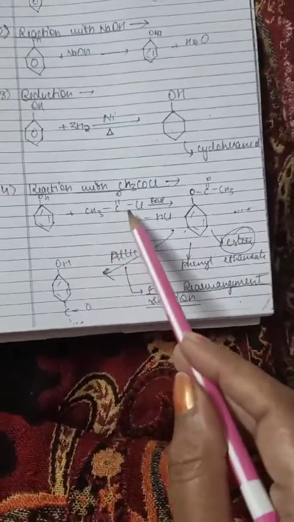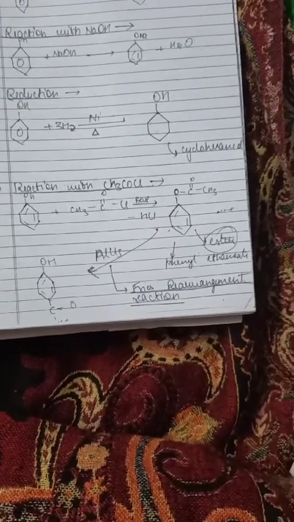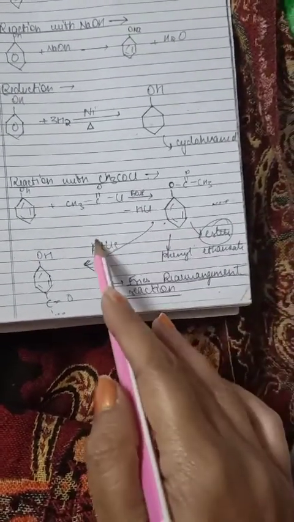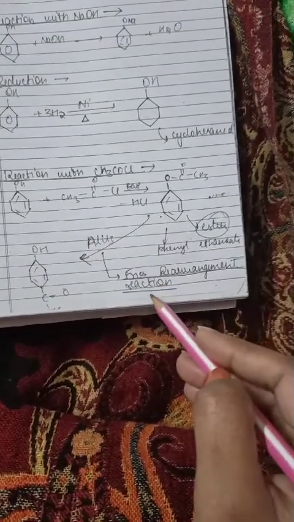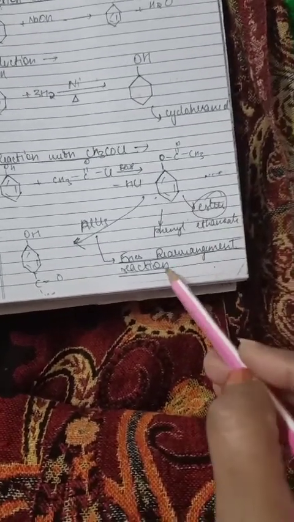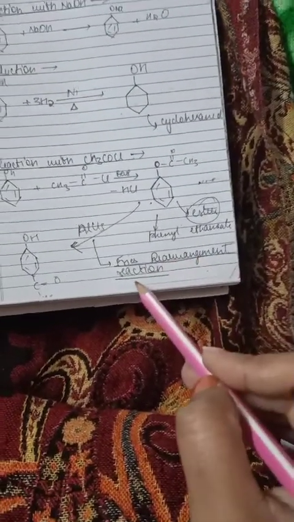Next is reaction with CH3COCl. This reaction may also be called the Fries rearrangement reaction. As before we have done reactions like the Cannizzaro reaction and Friedel-Crafts reaction, one reaction coming from here also is the Fries rearrangement reaction.